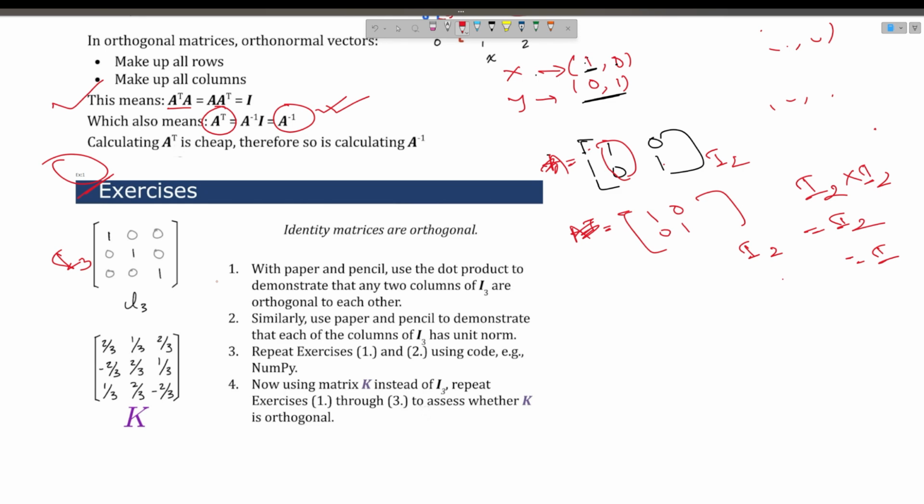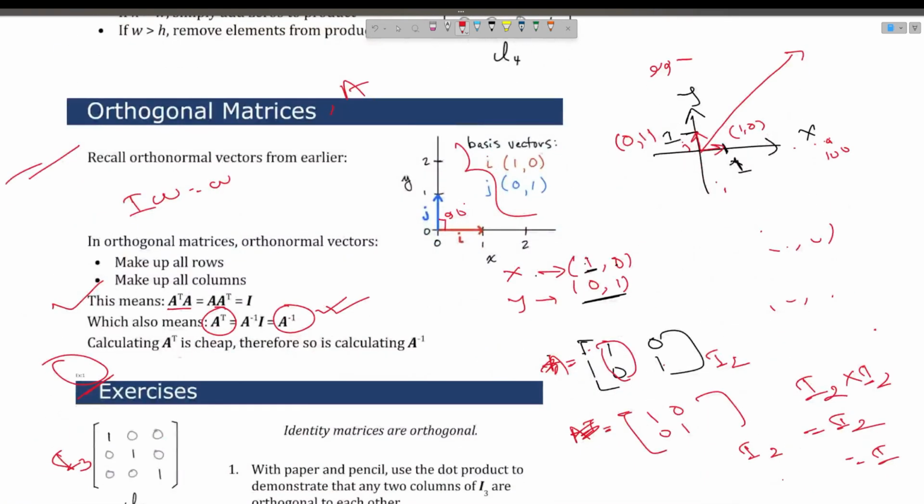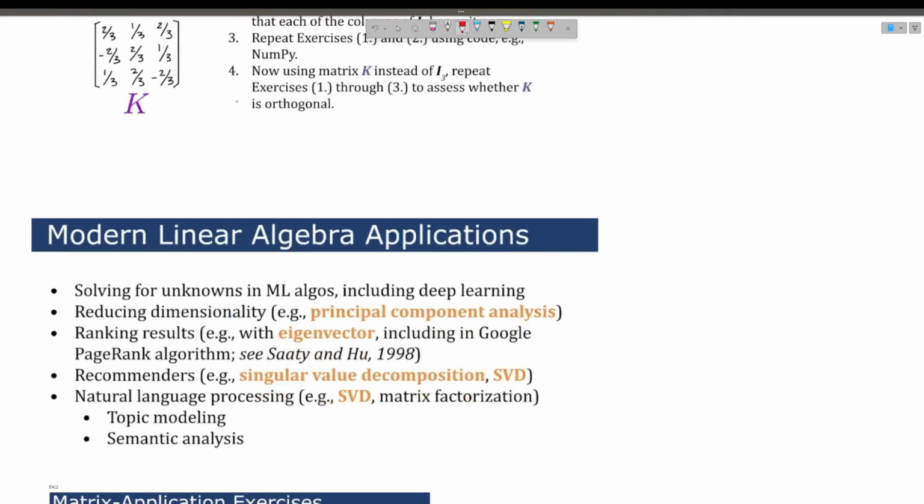Now how can we say that? Let me give you a clue. The clue was when we had two basis vectors, 1 0 and 0 1. If we do the dot product, we do 1 times 0 plus 0 times 1, which ends up with 0.